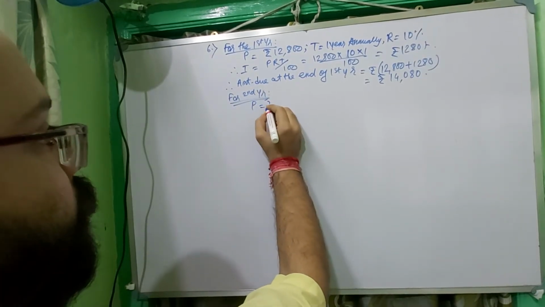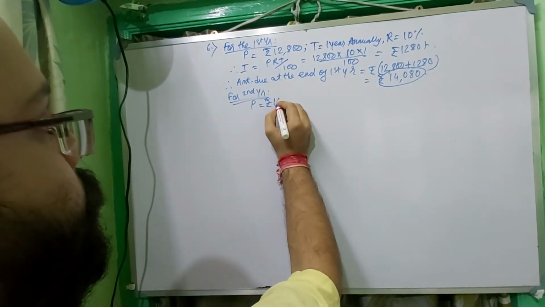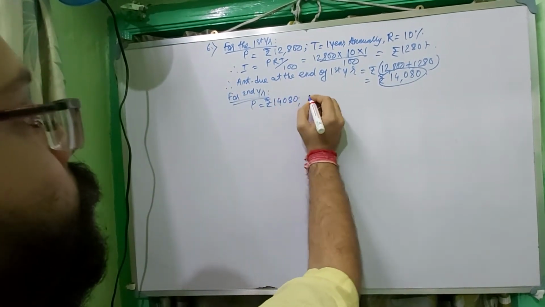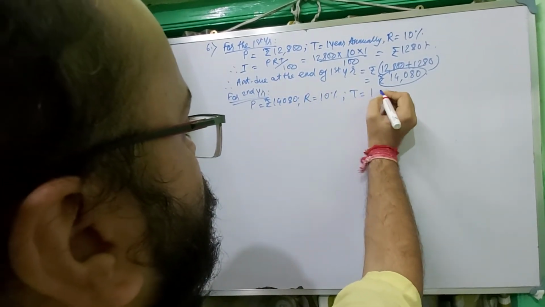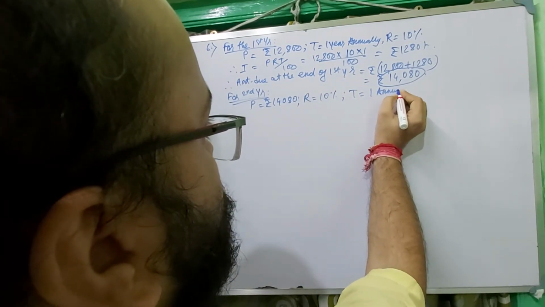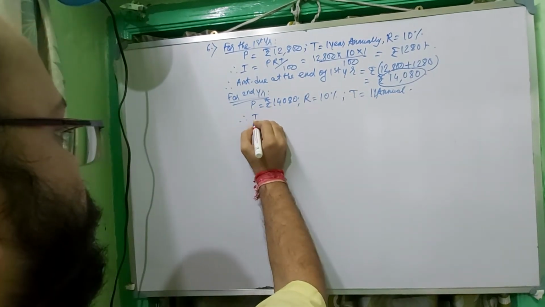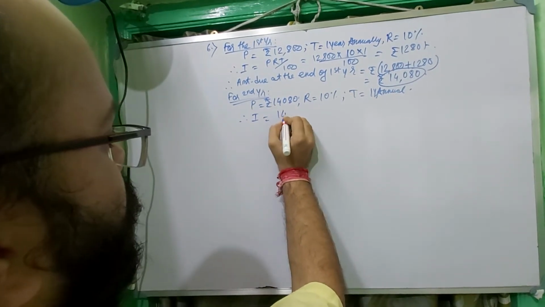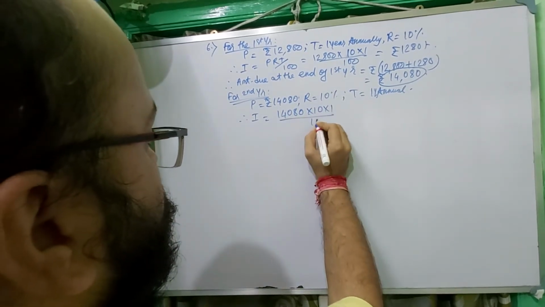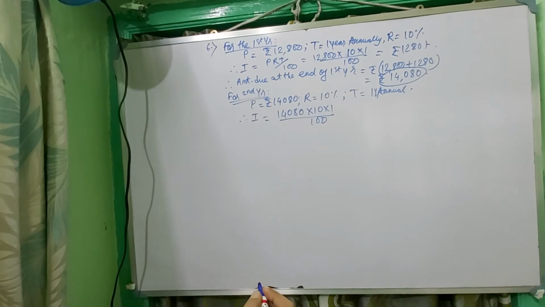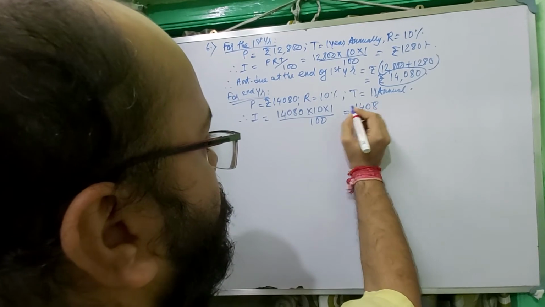Now for the second year, P will be this amount, 14,080. Rate remains the same, time 1 year annually. Therefore I is 14,080 into 10 into 1 by 100, we will get 1408 rupees.